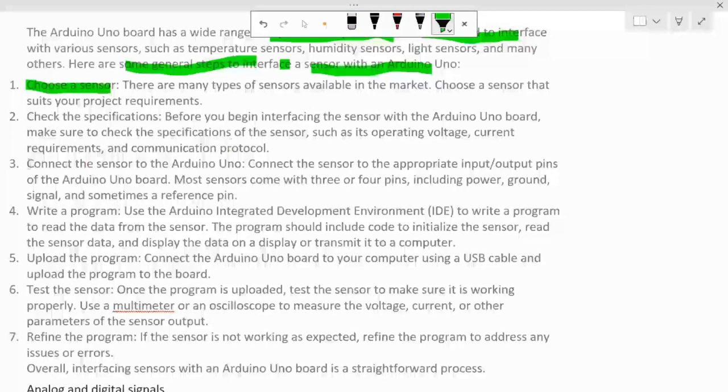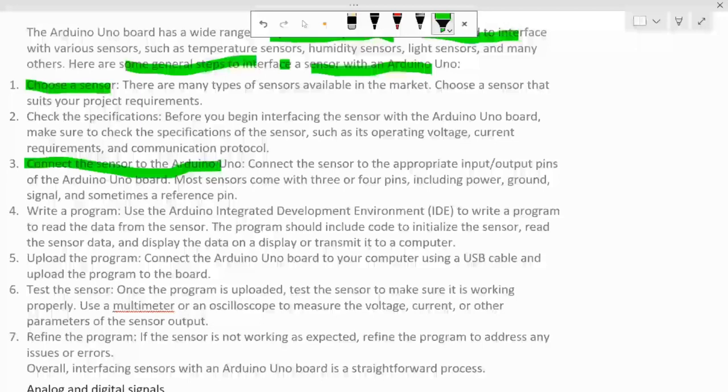Third thing is connect the sensor with Arduino Uno. Connect the sensor to the appropriate input output pin of the Arduino board. Most sensors come with 3 or 4 pins, including power, ground, signal, and sometimes a reference pin.